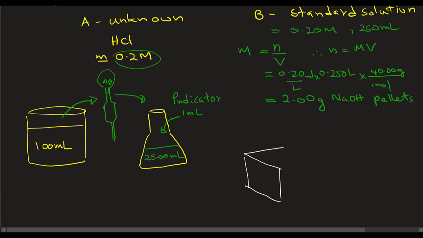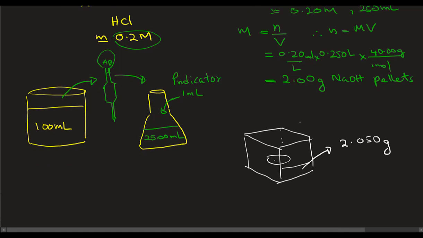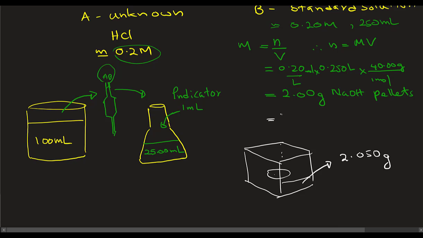So now we go to an electronic balance, and it will measure precisely up to the 4th decimal. But let's say, because you're using pellets, I can only get to 2.050 grams, because you can't really measure the pellets exactly. So you measure what you get. It could be 1.995, it could be 2.05, whatever it is.